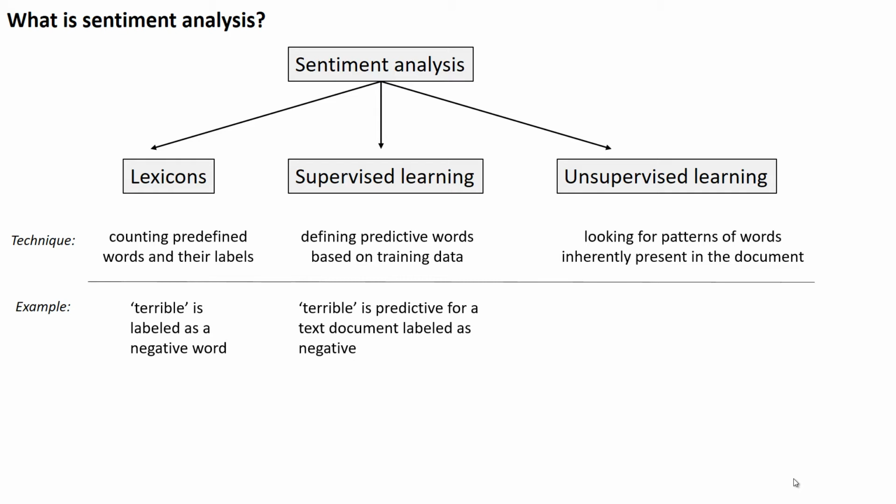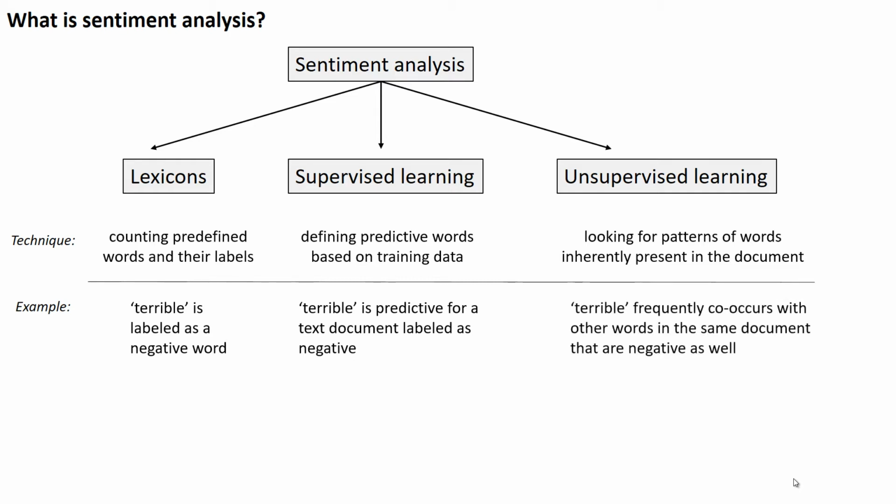The algorithm will then look for words that tend to co-occur within the same text, and it is then up to the modeler to make an interpretation of the clusters of words that tend to co-occur with one another. This means that the modeler has to do a lot of work after the algorithm has been trained on the data.